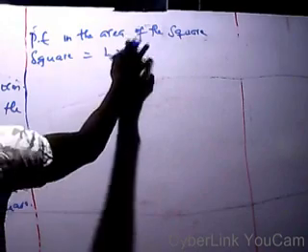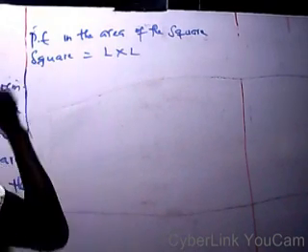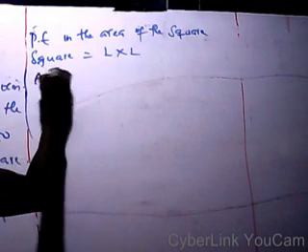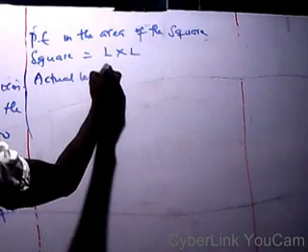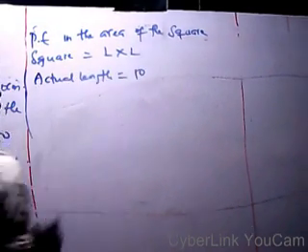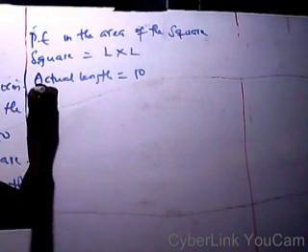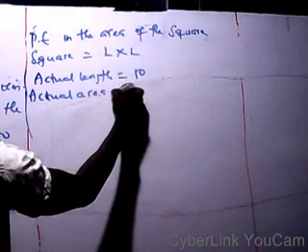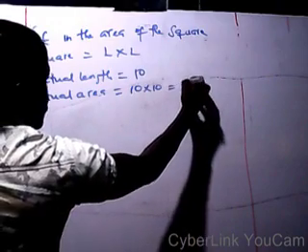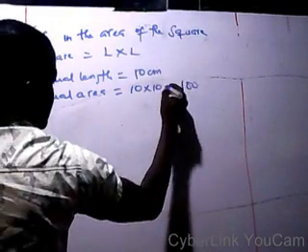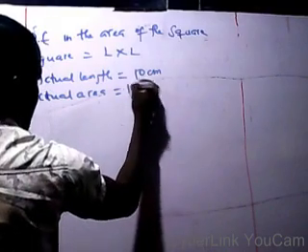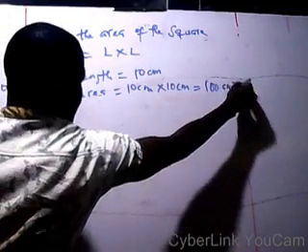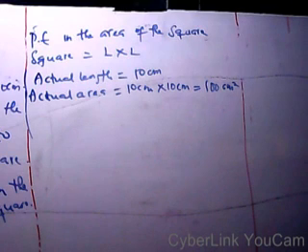So the actual length is 10. If the actual length is 10, then the actual area will be 10 times 10, which is 100, right? Which is 10 centimeter times 10 centimeter, that should be 100 centimeter square as the actual area.